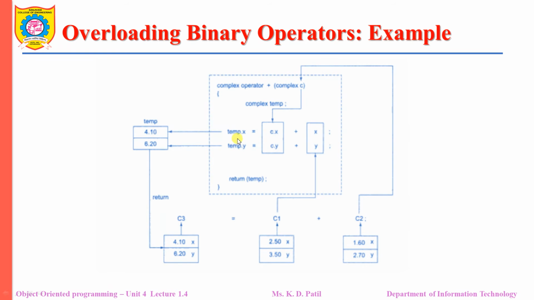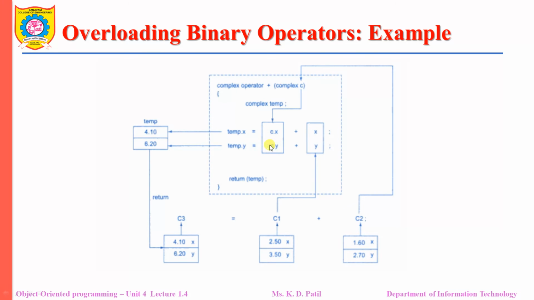Now temp dot x is equal to C dot x plus x, that is the real part, and temp dot y is equal to C dot y plus y, that is the imaginary part. Here C dot x refers to the object C2, and x alone refers to the object C1. That means the real part of C2 and the real part of C1.